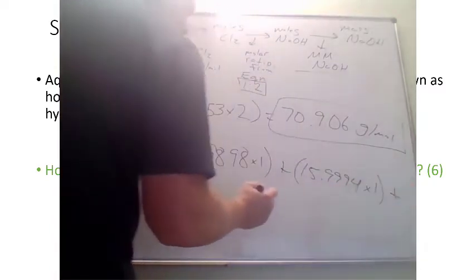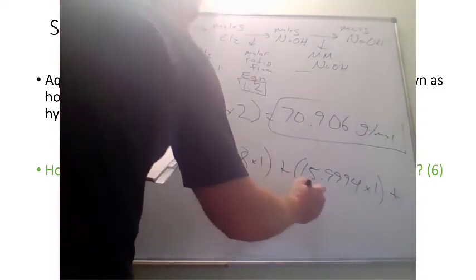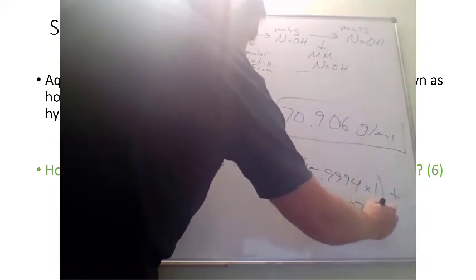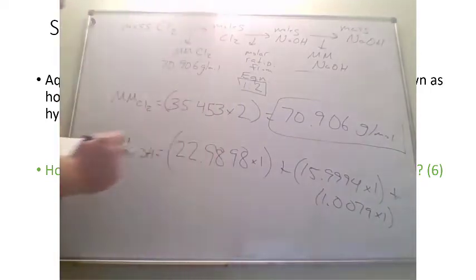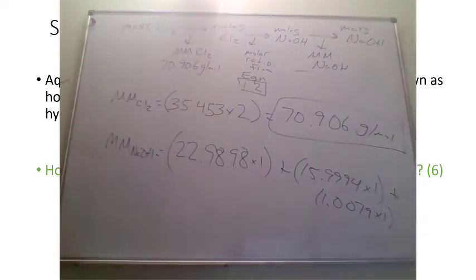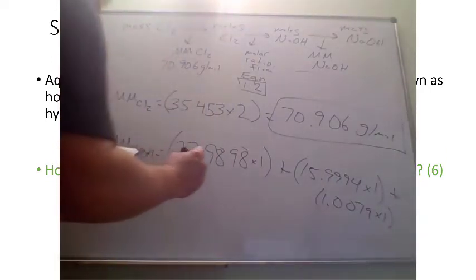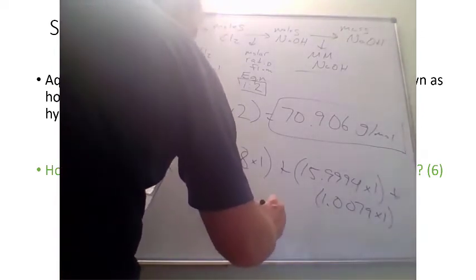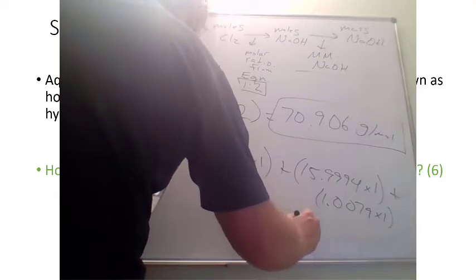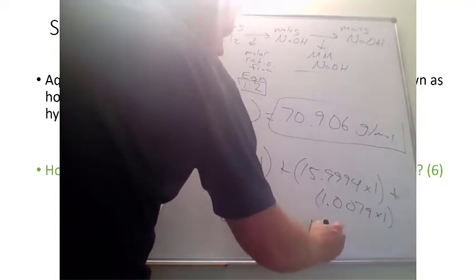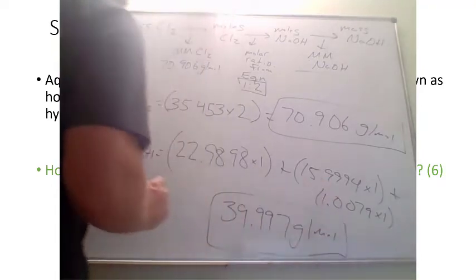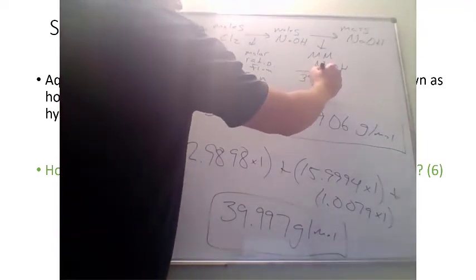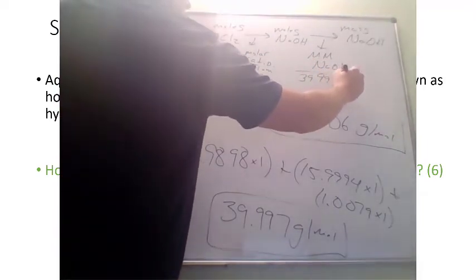Plus the molar mass of hydrogen, which on the periodic table shows 1.0079, again, times 1 because there's only 1 hydrogen atom in NaOH. Plug and chug, put all these together, and you're going to get a molar mass of 39.997, again, grams per mole. So we can write that up here, 39.997 grams per mole.